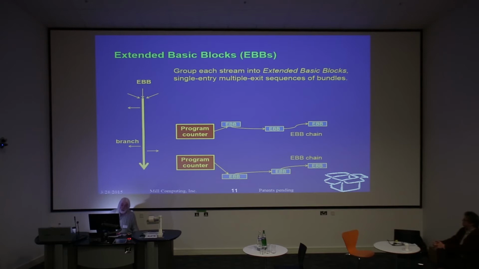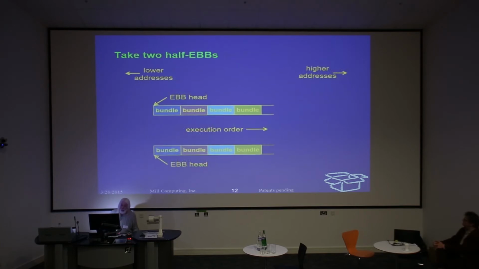You cannot branch into the middle of an EBB, only into its head. Once you've done that, if you take 2 half EBBs where you've got the head of each, they are executed in order as shown in the arrow from lower addresses to higher addresses.